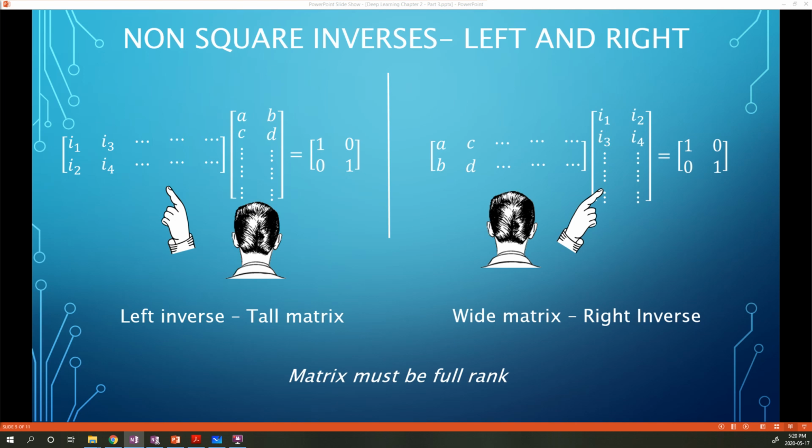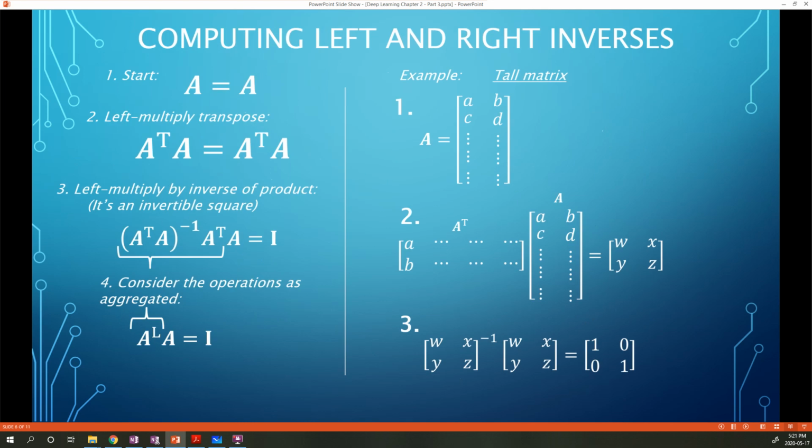But non-square matrices don't have determinants. So that's what I mean when I say that you could think of this condition of full row rank and full column rank as being kind of analogous to the non-zero determinant condition, since the determinant can't be computed for a non-square matrix.